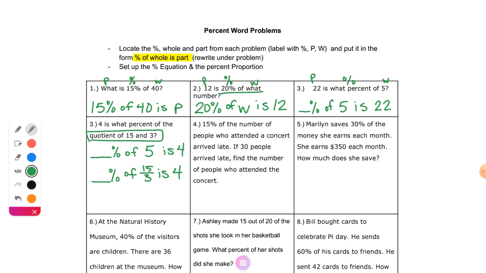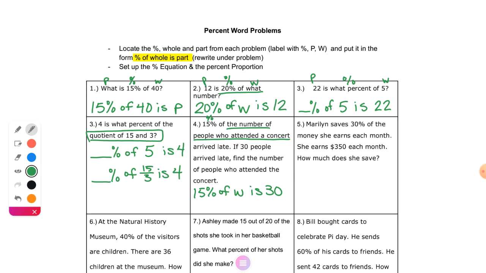Number 4, I believe we did, I don't know if we did together, but Meyer, go ahead and give me that phrase. 15% of W is 30. Okay, so this is our percent. You said 15% of W is 30 because 50% of the number of people who attended a concert. And the question says, find the number of people who attended a concert.